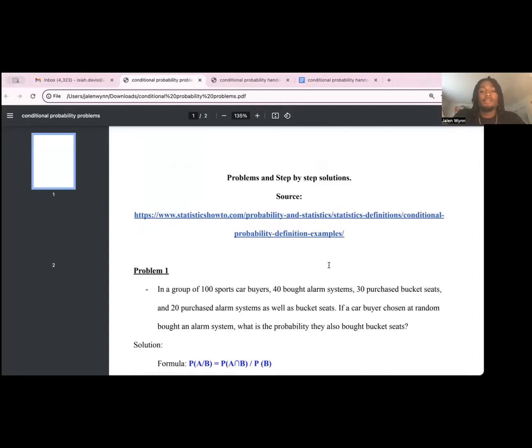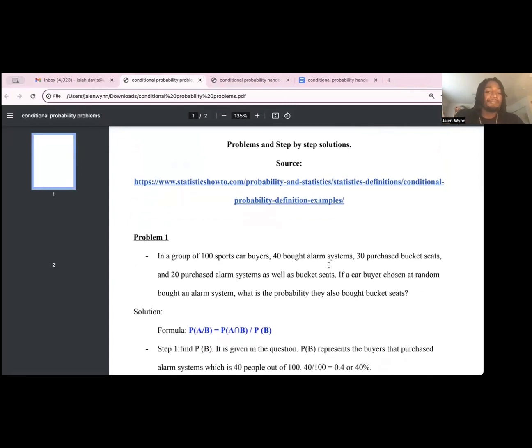Okay, so here are some step-by-step problems that I created for you to follow along with. The first problem, we're going to read it out. In a group of 100 sports car buyers, 40 buy alarm systems, 30 purchase bucket seats, and 20 purchase both alarms and bucket seats.